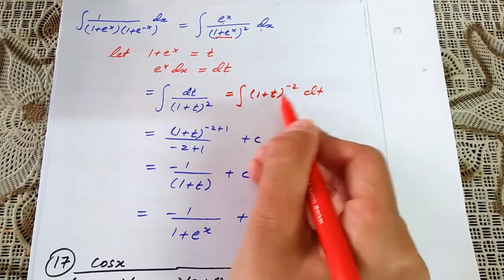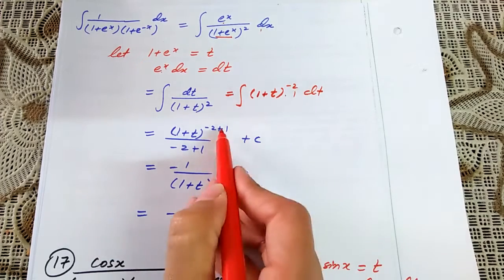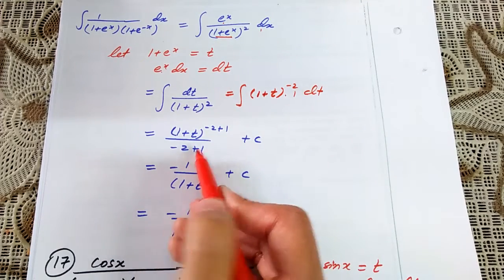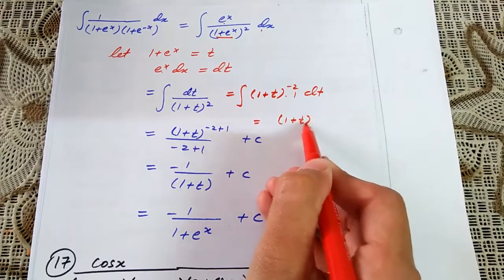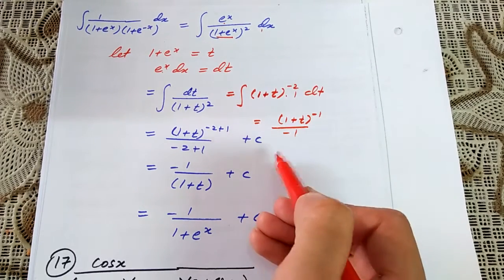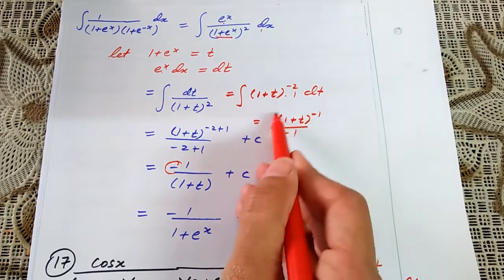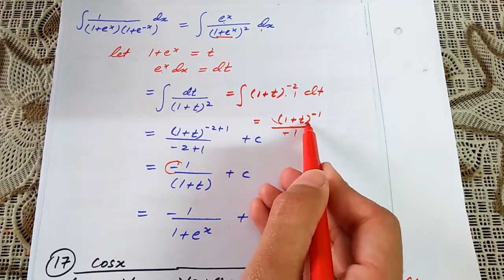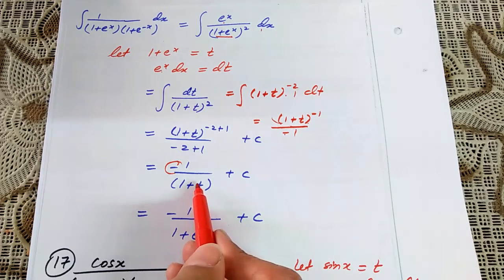Since its derivative is 1, we can add 1 in its power and divide by that power. So it can be written as 1 plus t raised to power minus 1 over minus 1. This negative sign can be written here, and since we have the negative exponent, it can be made positive by taking its reciprocal.